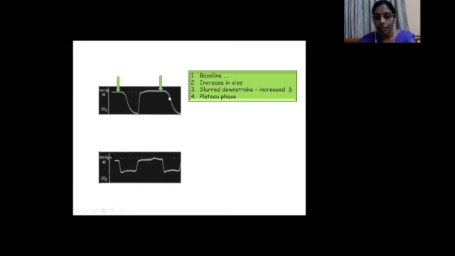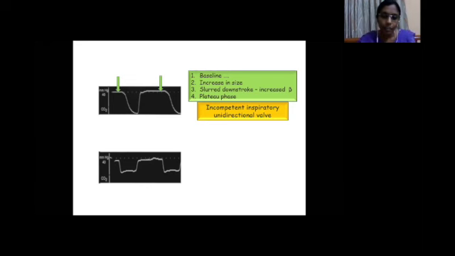This is typical of an incompetent inspiratory valve. Ideally, the valve should have closed at this point and the inspiration should have started here, resulting in a deep downstroke. But because the valve is incompetent, some expired air rich in carbon dioxide has entered the inspiratory limb, and it is being pushed in again during the next breath.